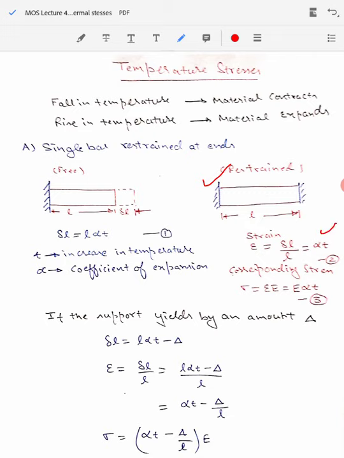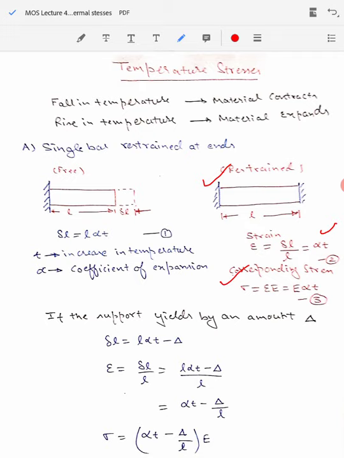There will be a corresponding stress caused because of this strain induced in this bar, and its magnitude from Hooke's law, stress is proportional to strain. So using that we can calculate sigma, the corresponding stress in this bar, as E times alpha into T. The strain that is produced and the corresponding stress are both of compressive nature, because we are retaining this bar and not allowing its expansion.